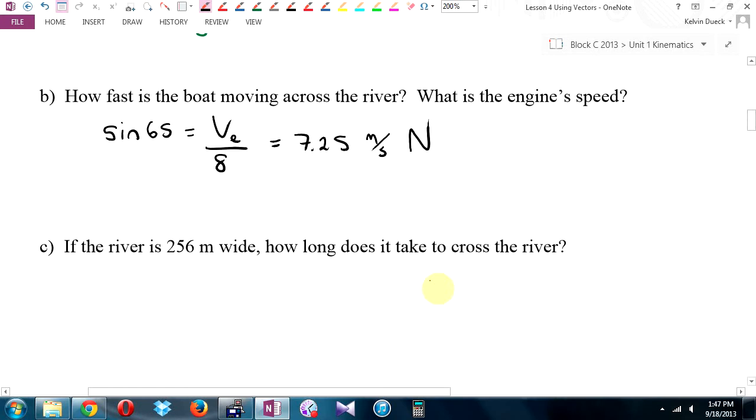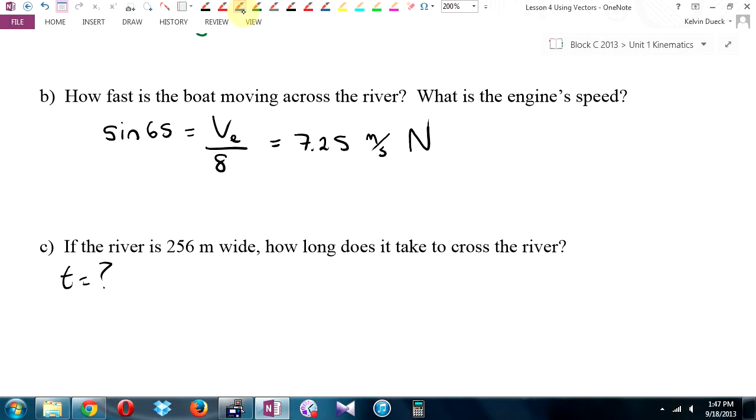If the river is 256 meters wide, how long does it take to cross the river? Claire, what's this one asking me to find when it says how long does it take to cross the river? Did you say time? Good, let's write down T equals question mark. What else, Claire, what else did this question give me?